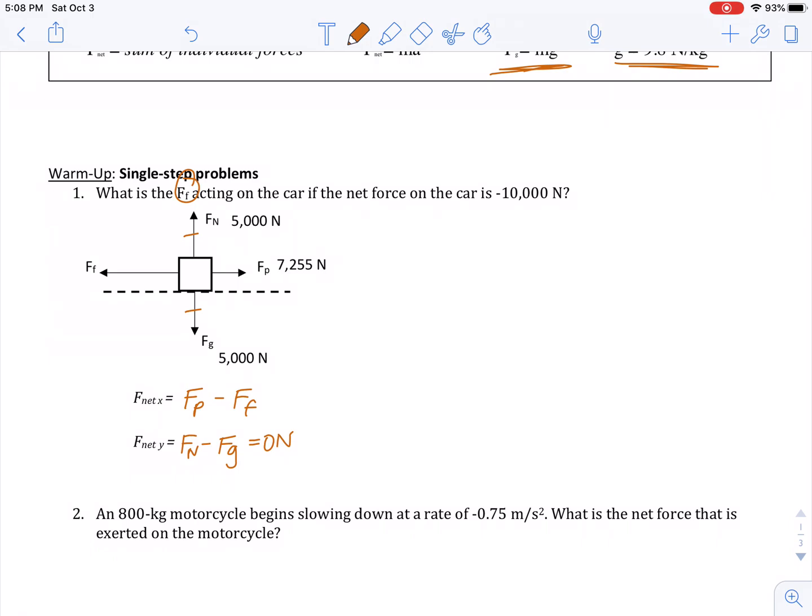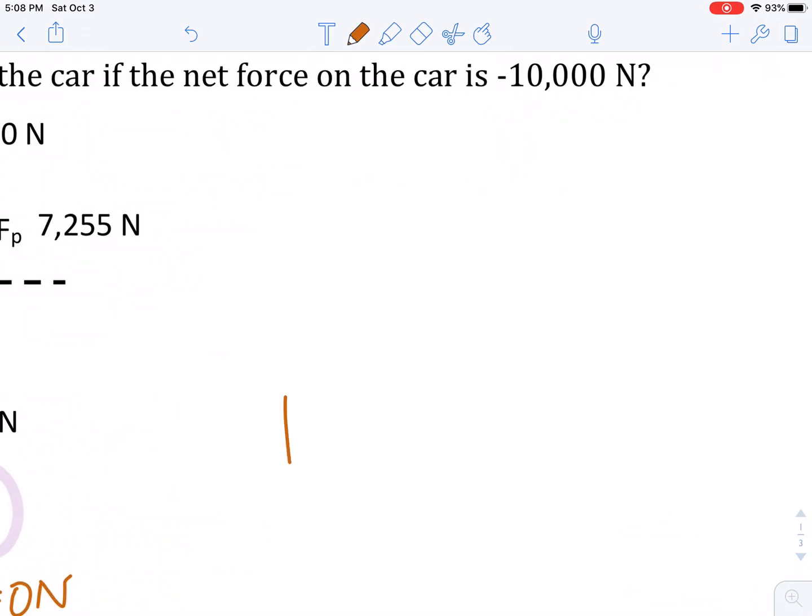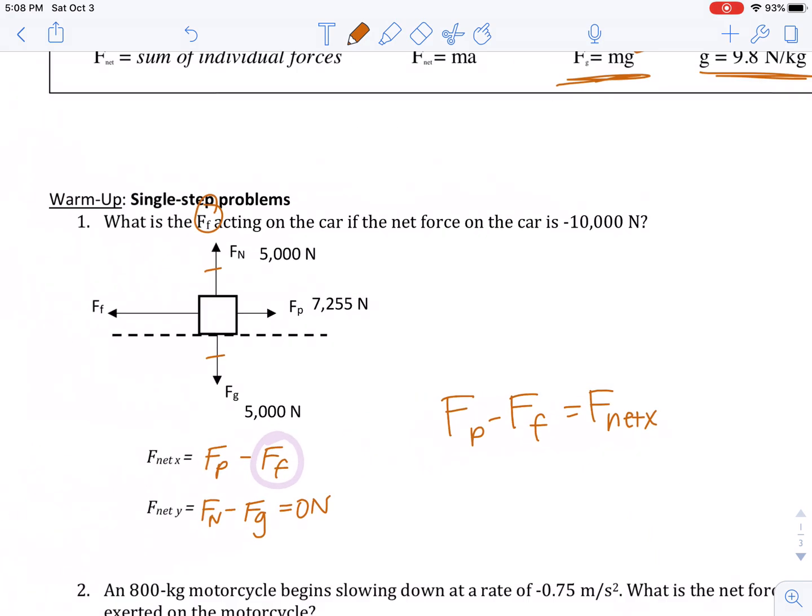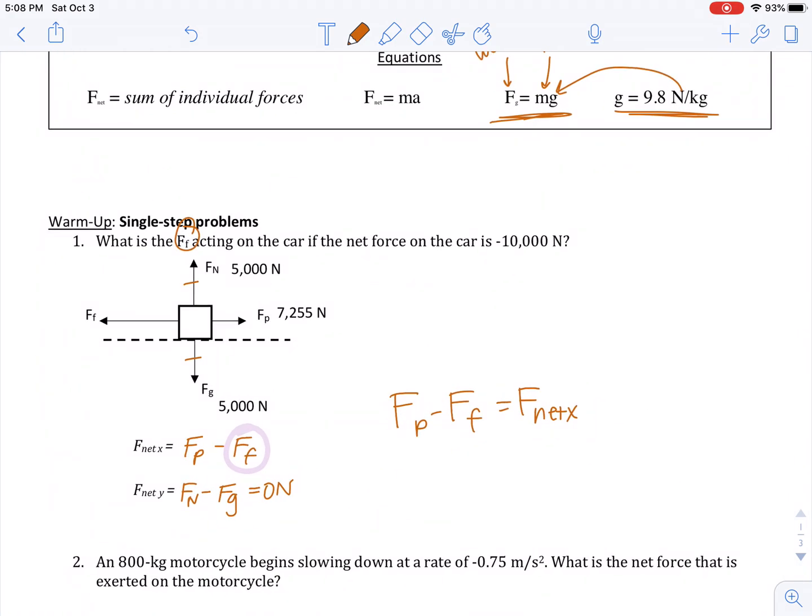If I want to solve for the force of friction, I look at my two equations and search for the variable force of friction. I see that right here. So this is the equation that I am going to use. I also know two of these variables based on the given information in the problem.